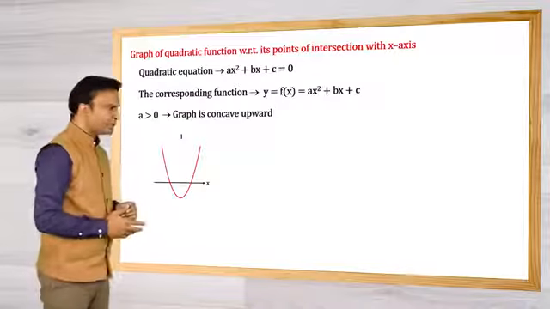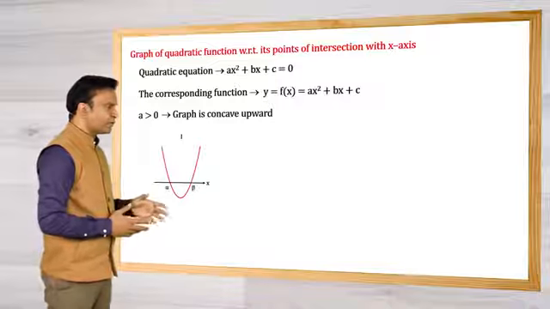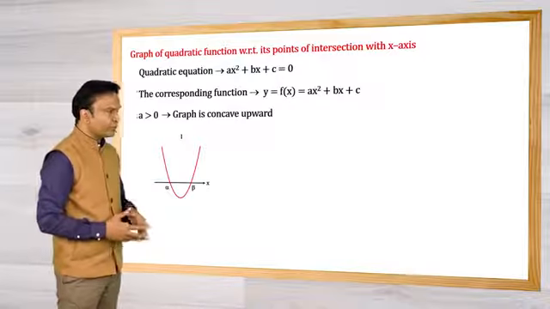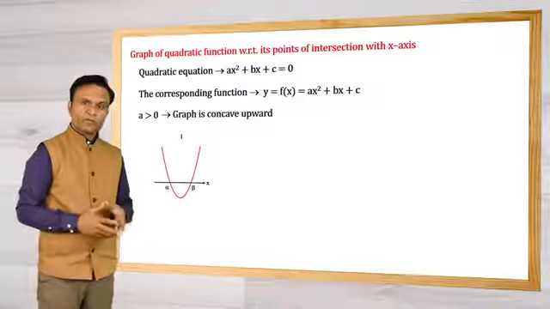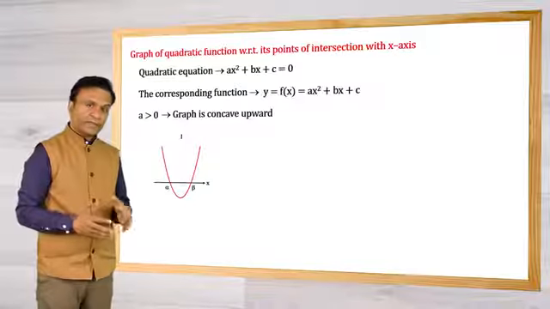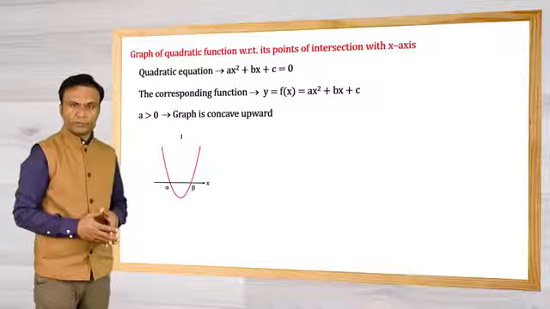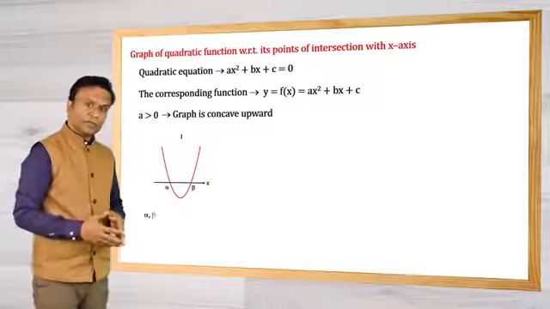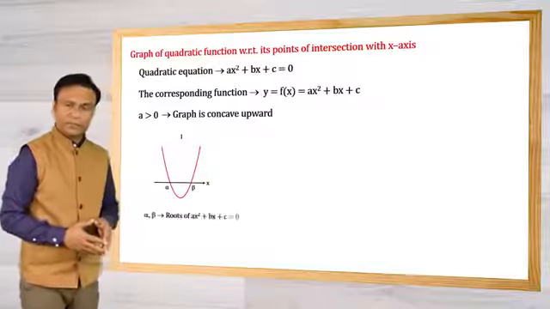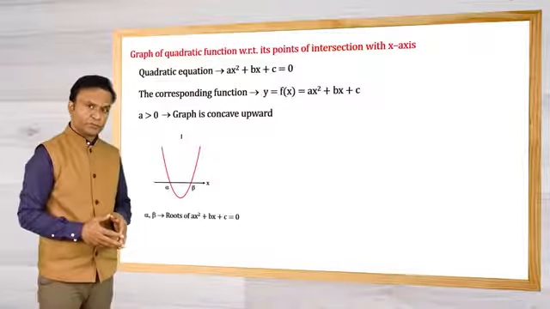In fact, the coordinates of these points are (alpha, 0) and (beta, 0). Now these two values of x make f(x) = 0. That means alpha and beta are roots of the equation ax² + bx + c = 0.